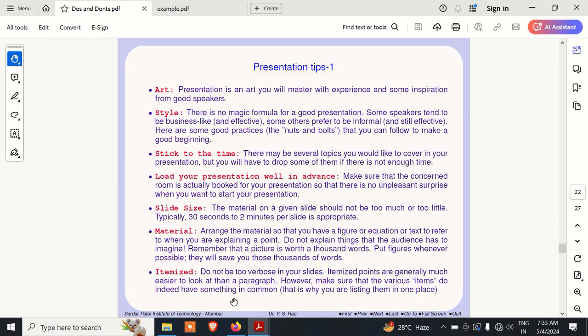It should not happen that there is a problem in your pen drives or net problem or some audio problems. This should not happen, right? No surprises to the audience, examiners. Then it will create an unpleasant atmosphere. They will become impatient.